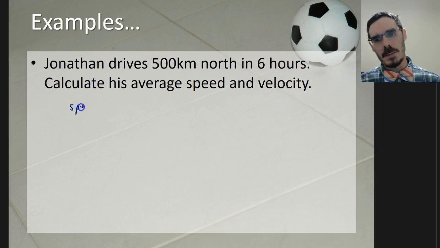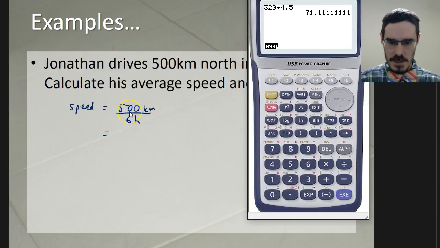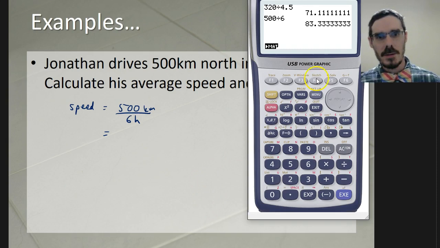So the speed is the distance travelled divided by the time it took, which is 500 divided by 6 hours. 83 1/3 kilometres per hour.